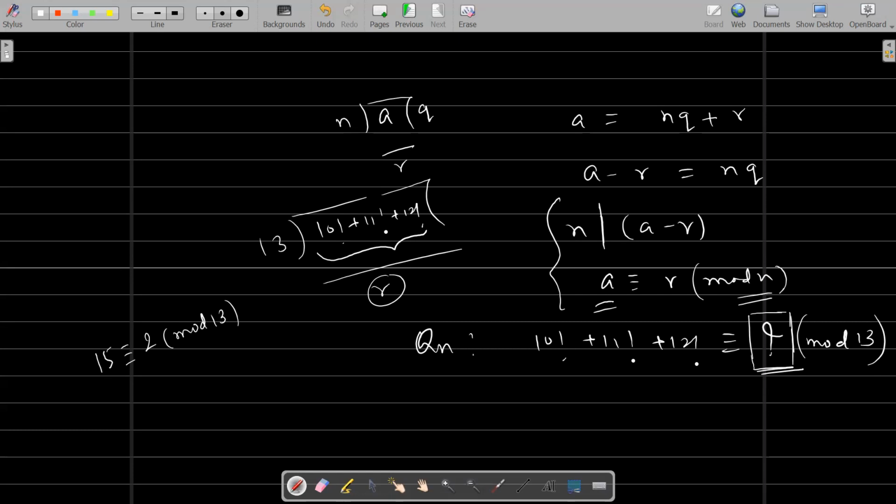Or I can say 6 is congruent to 2 mod 4, or 6 is congruent to 0 mod 3, since 3 divides the difference 6 minus 0. Is the definition clear?